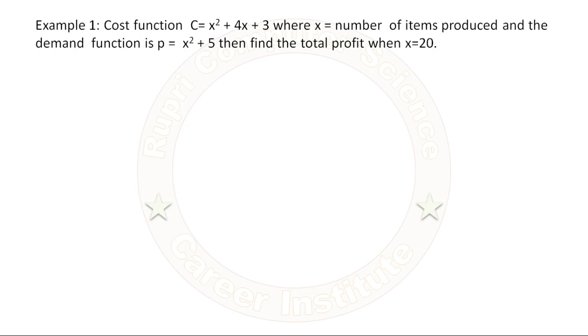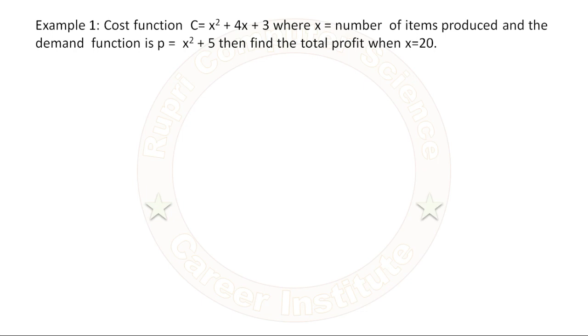Now see, our question says find the total profit when x is equal to 20. What is the meaning of that? The question says that when 20 items are produced, how much total profit do you get. This you find.